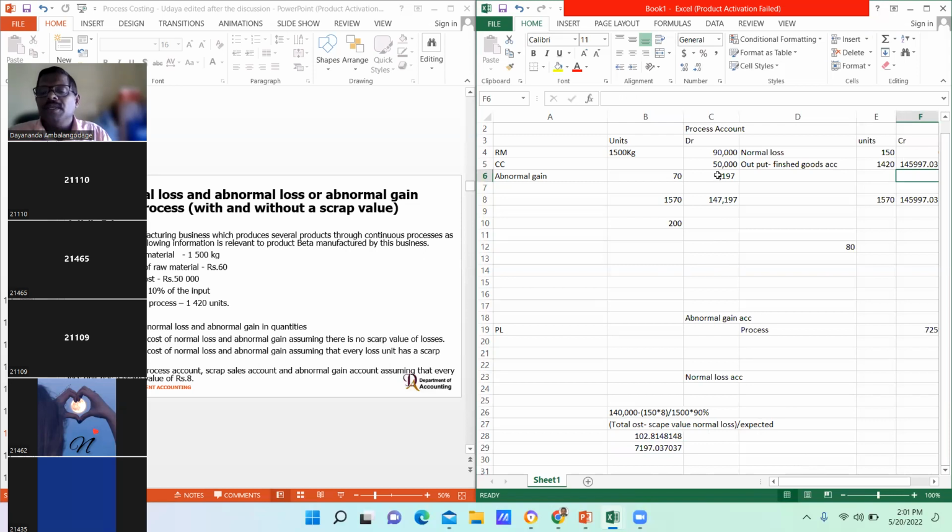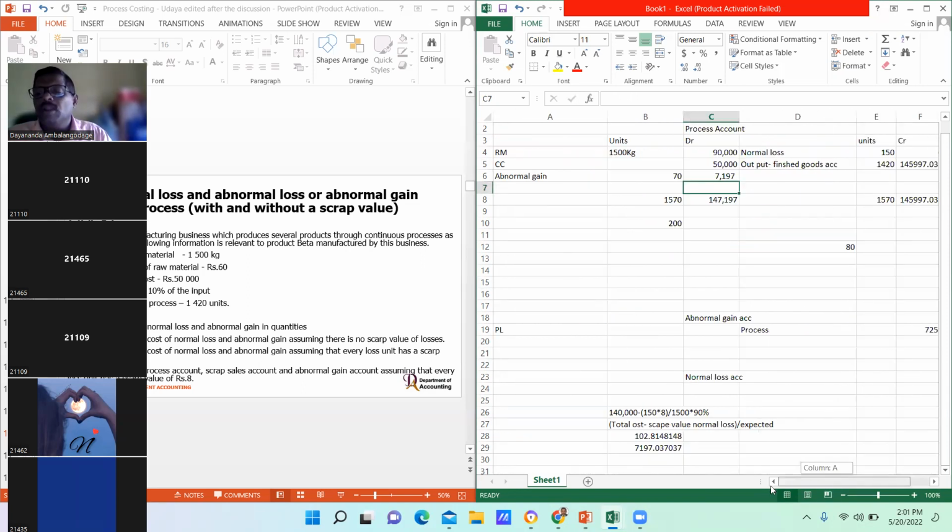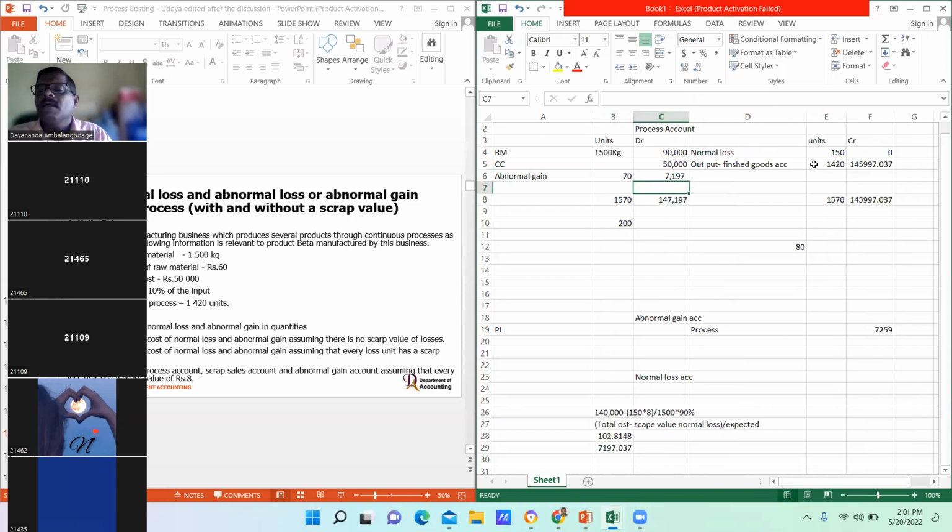And again you get the same answer, but I'm just telling you how to calculate it. 70 into new unit price, which is this. So thereby again, you see that that is the value of abnormal loss and value of finished goods.